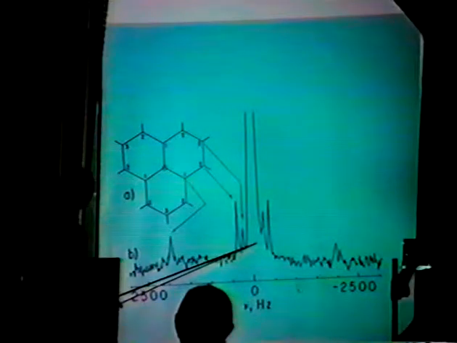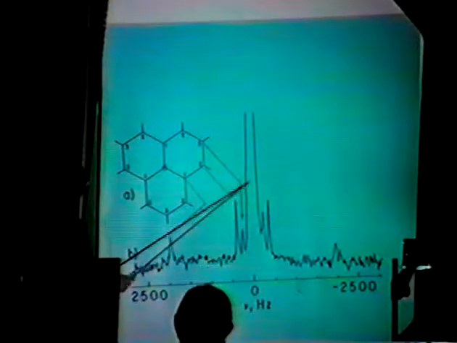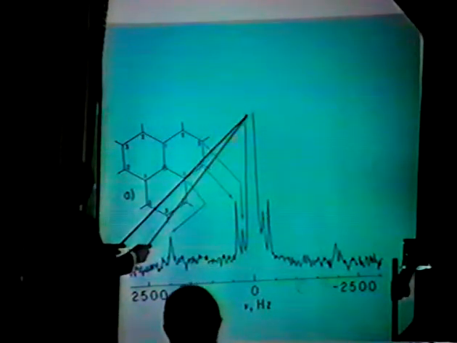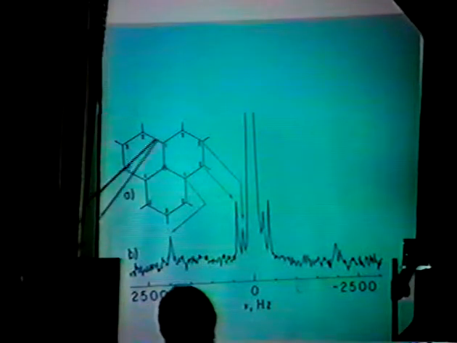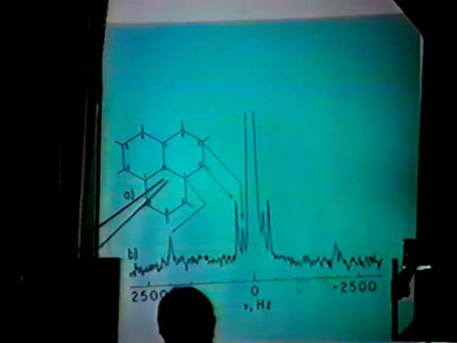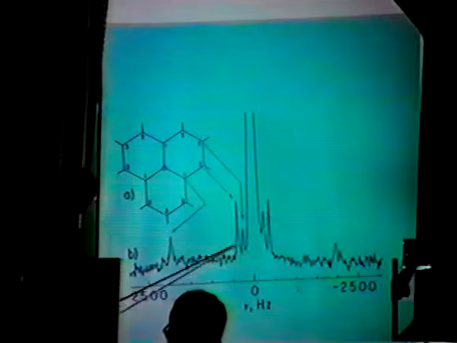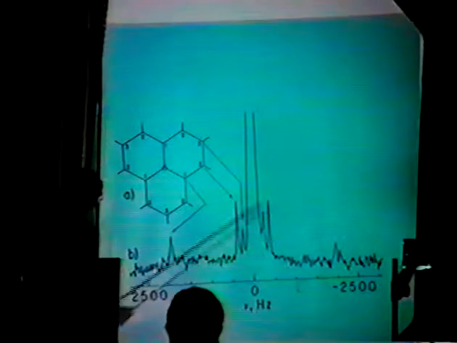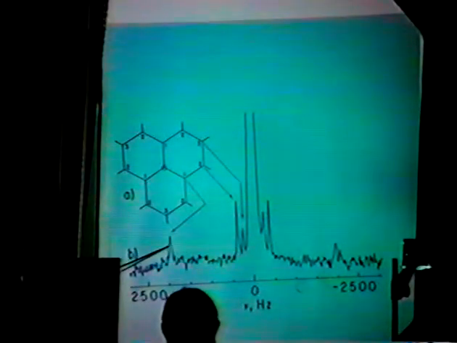So here we have the spectrum of most of the C13 nuclei that don't have any near neighbor carbon-13. And here we have spectra due to the first nearest neighbor, second nearest neighbor, third nearest neighbor, and so on.